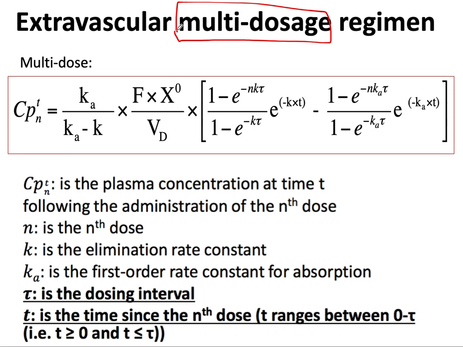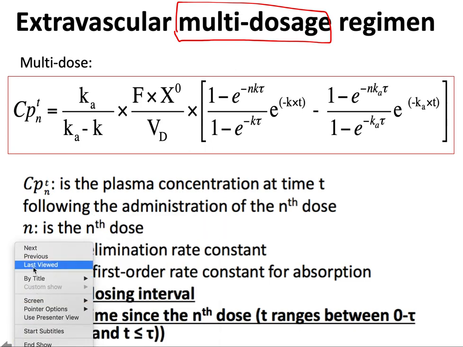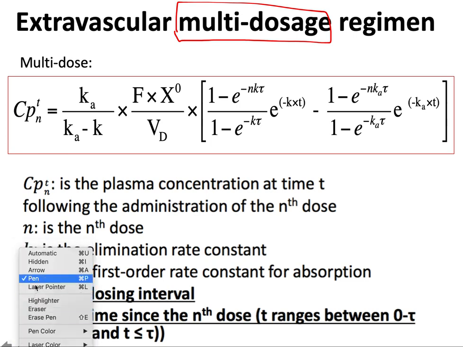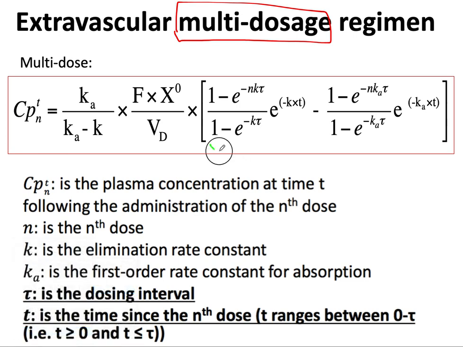We used the dose ratio in IV bolus, and we use the same thing here, but with one main difference: we have one dose ratio related to elimination and one dose ratio related to absorption. Notice here we have K, and here we have K and K. So it is the same equation and the same concept that you know for IV bolus, the only difference being that we have two dose ratios because we have two exponential terms.